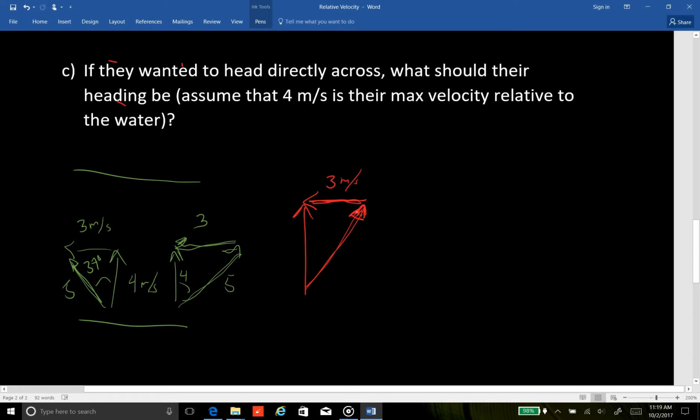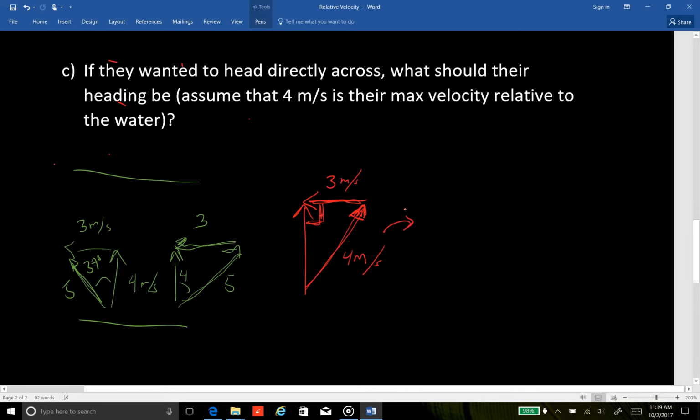What angle is this? Now, we're going to assume that their maximum speed is 4. So that is the actual speed of the swimmer. If they travel at some direction, north of something east, at 4 meters per second, the current will push them back and they will go straight across.